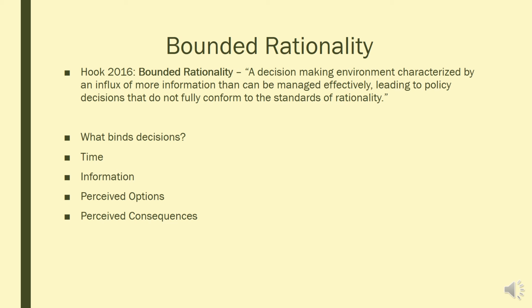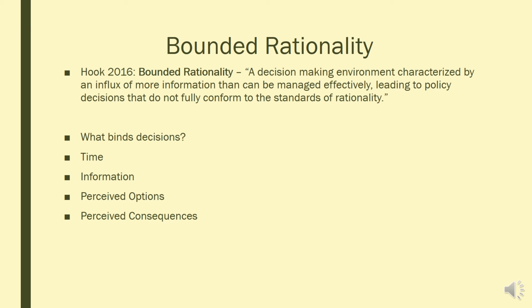You could ask yourself, are you missing something? Are the options that are presented to you the best? Perceived consequences. If you're limited in time and you're limited in information, then you may be limited in the assumptions that you make about the consequences of your actions and how others will react.